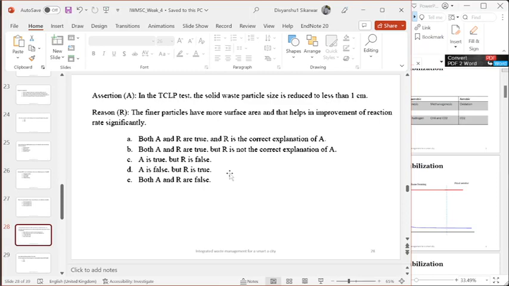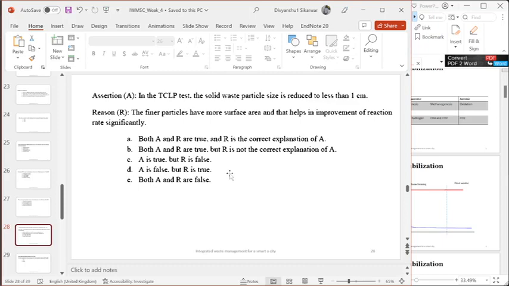Next question: in the TCLP test, the solid waste particle size is reduced to less than 1 centimeter, and the reason is that finer particles have more surface area, which helps improve the reaction rate. You have to determine whether the assertion is true and whether the reason is a correct explanation.